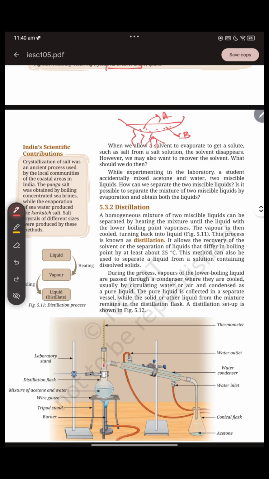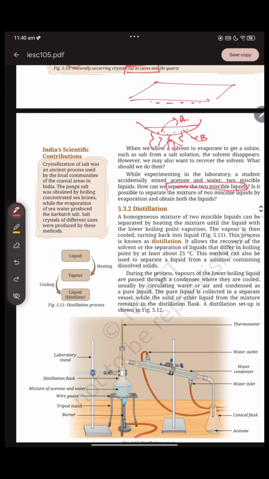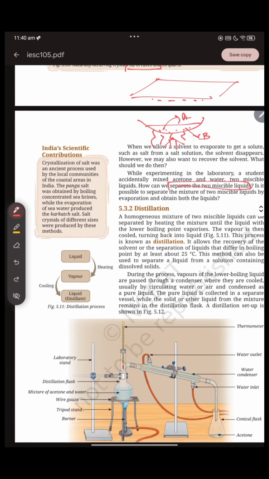Obviously, I will do evaporation to dryness. What if I want to collect these vapors and I want to get it again? I will put a glass cover, and I can obtain the water droplets by condensation. Okay, but if I have to separate two miscible liquids, how do we do so? For that, we need to do distillation, which will be discussed later.